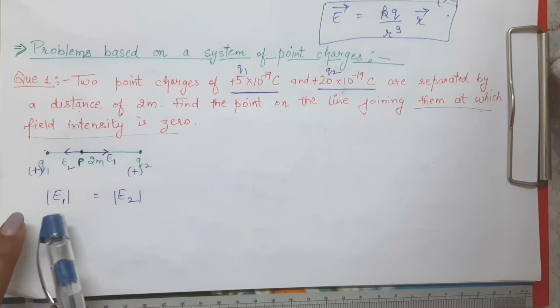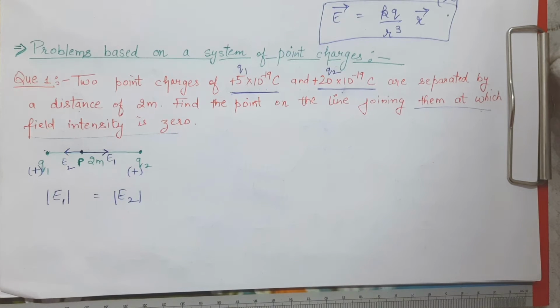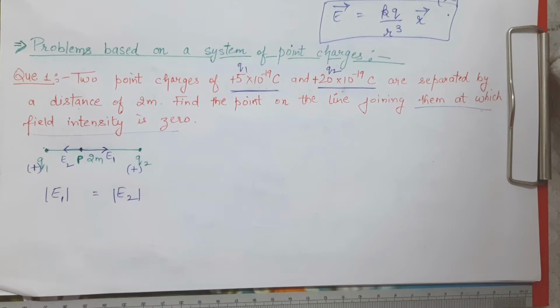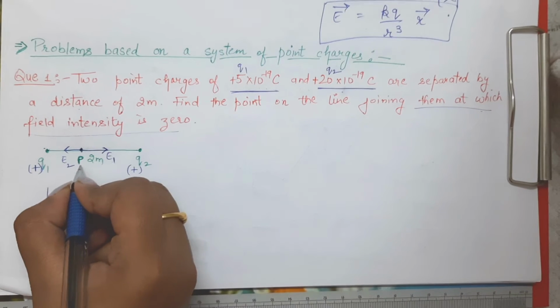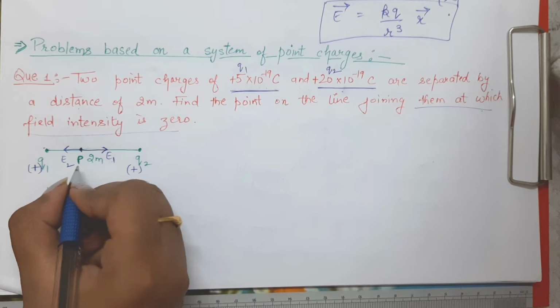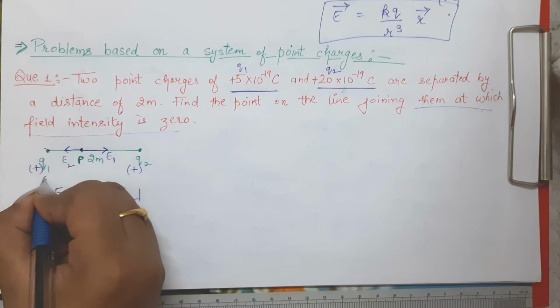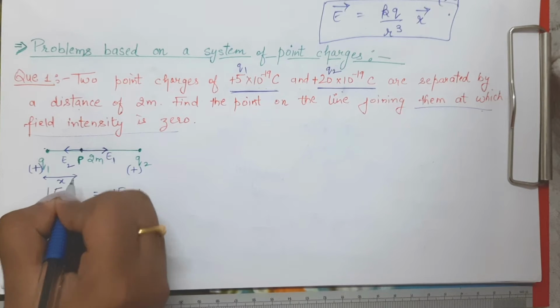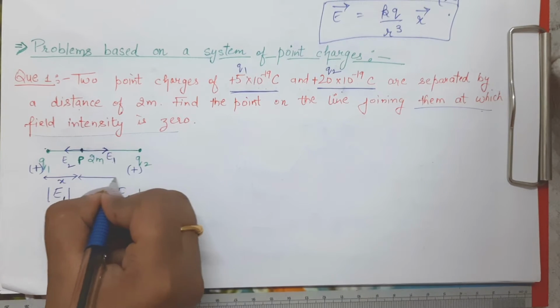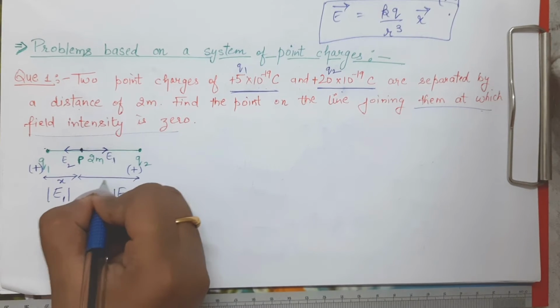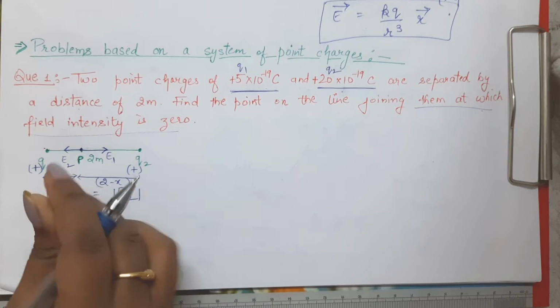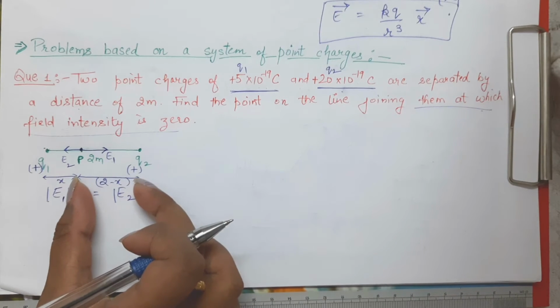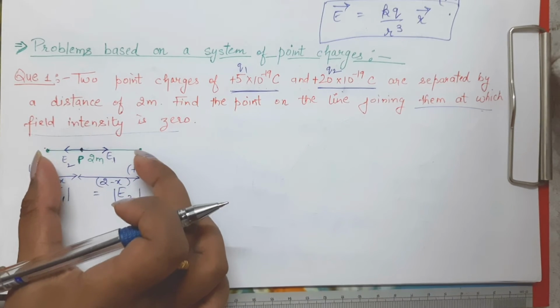So now we just have to equate these two values. Suppose this is the point P, at a distance of x from Q1, and the distance from Q2 will be 2 minus x, because the overall distance is 2.